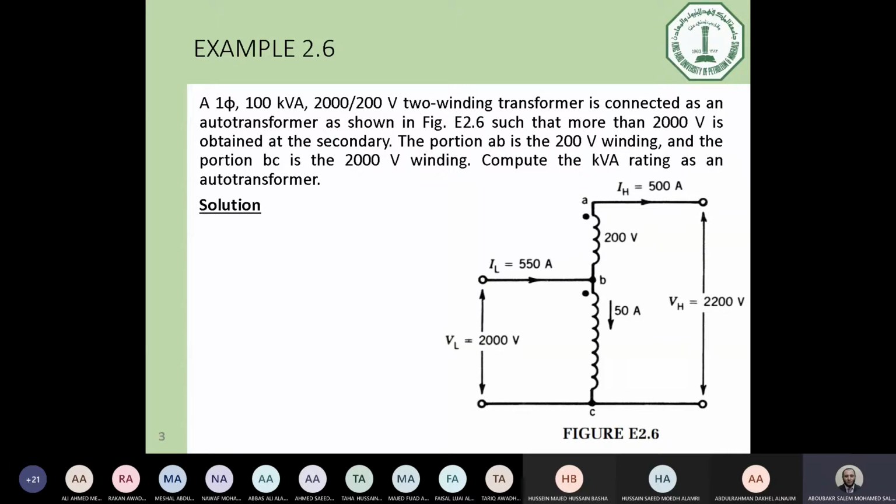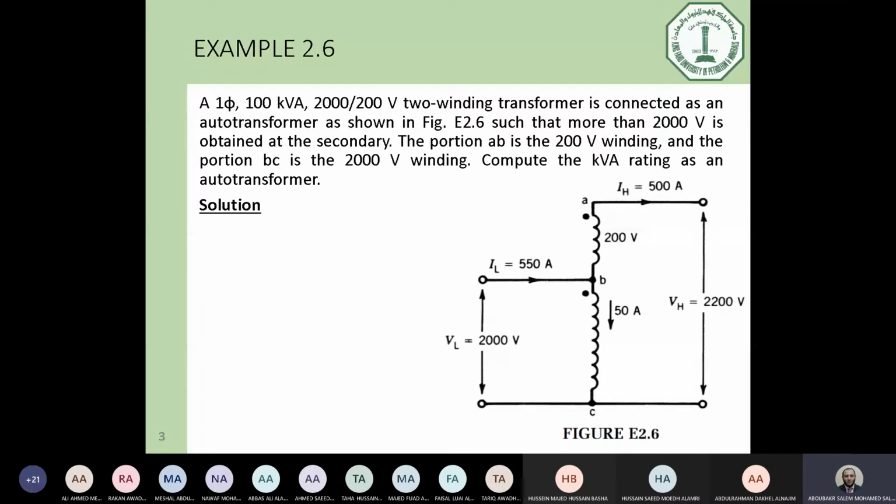Also, for the losses, for this construction of autotransformer, you see this winding which supports 50 ampere. The impedance is different compared to the winding that should work with 550 ampere.